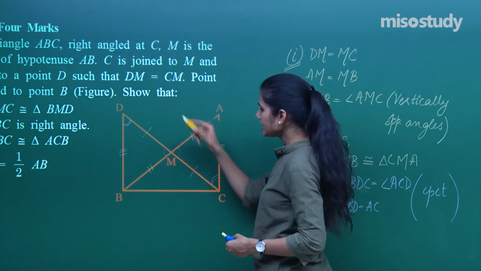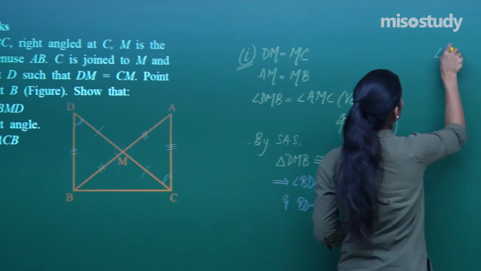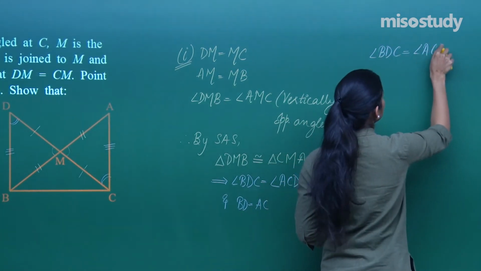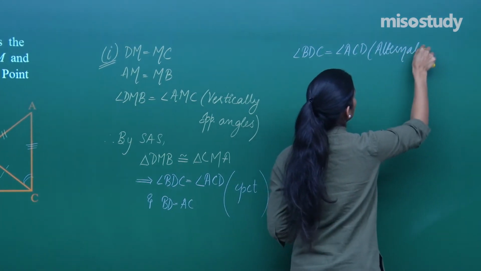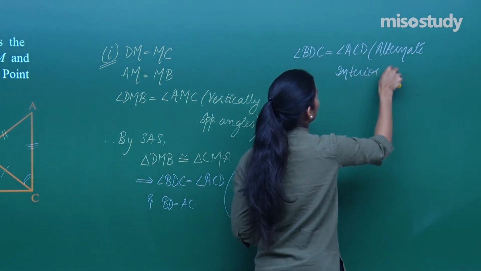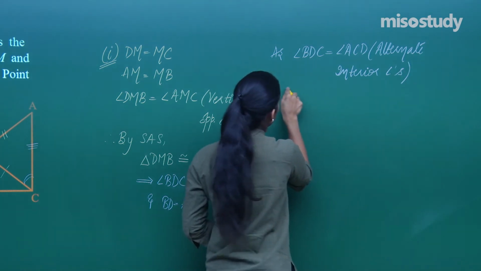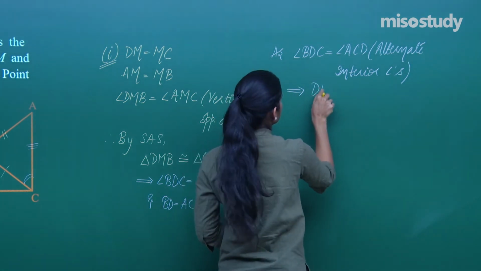That means AC and DB turn out to be parallel. So here, angle BDC is equal to angle ACD, which are actually alternate interior angles. So this implies DB is parallel to AC.